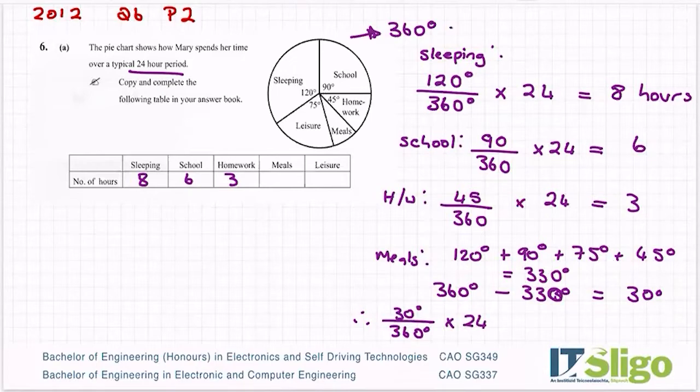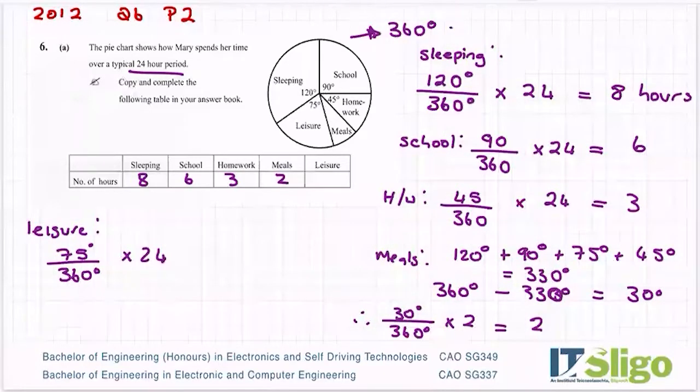So 30 over 360 multiplied by 24 works out to be 2 hours. Okay, and I'll just come over here to work out leisure. That is 75 degrees over 360 degrees multiplied by the 24 hours. And I'm getting 5 hours for that.